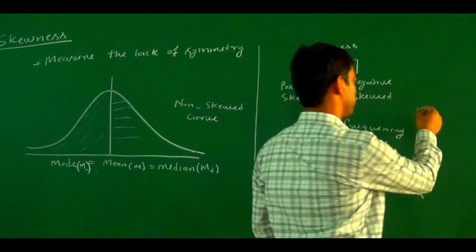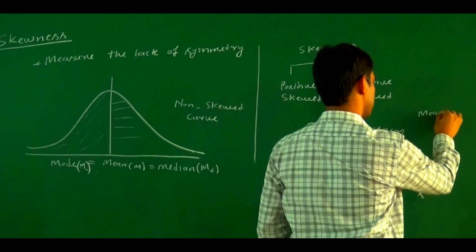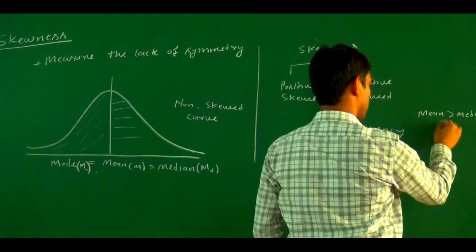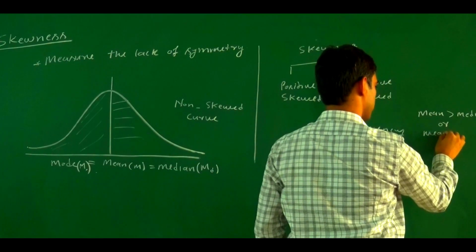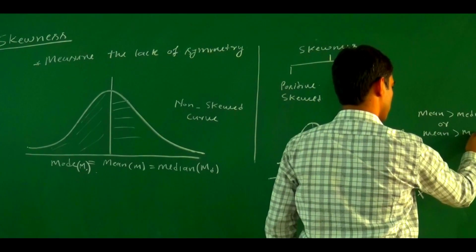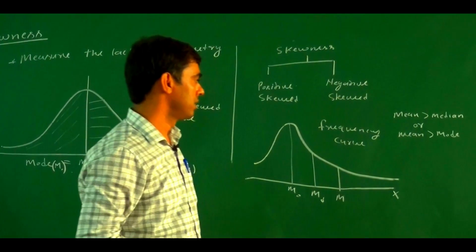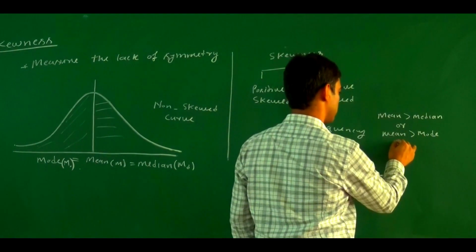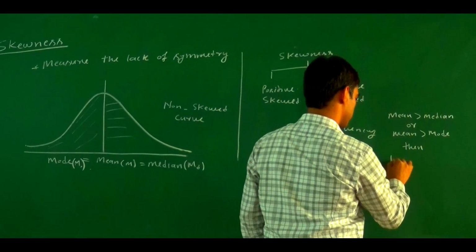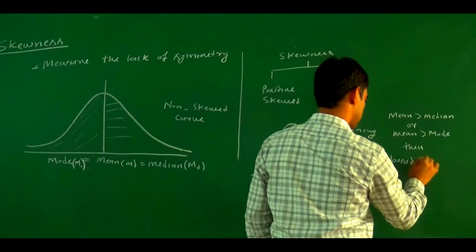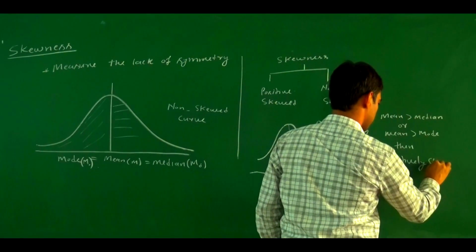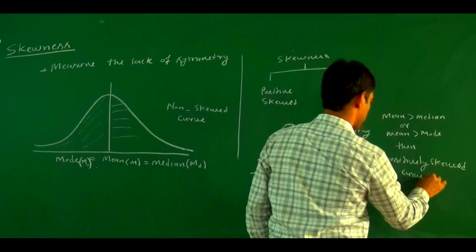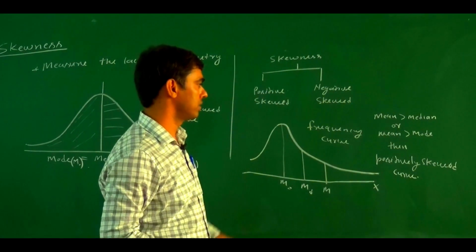If the mean is greater than the median, or the mean is greater than the mode, then this is called a positively skewed curve.